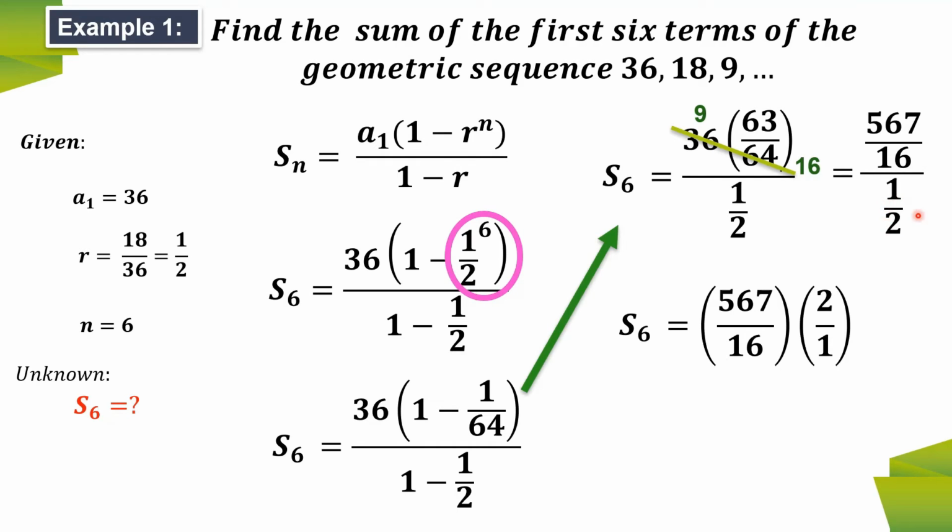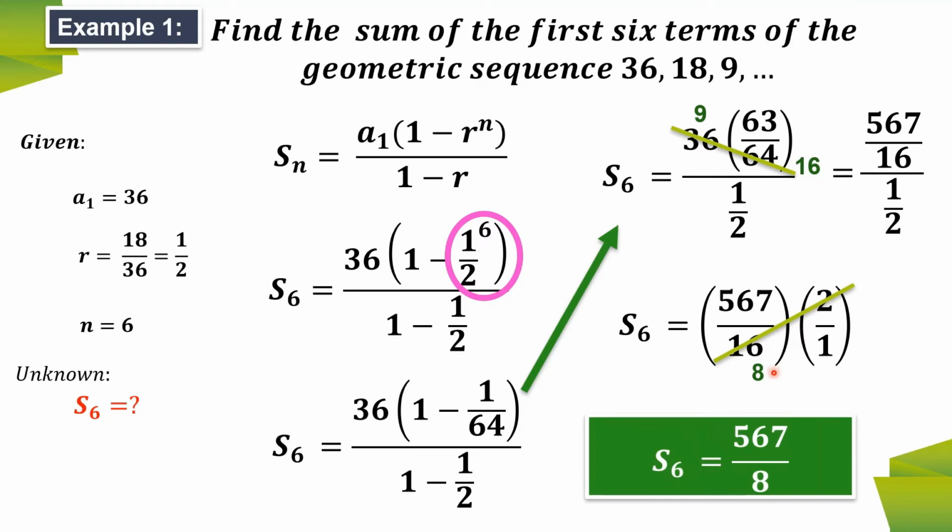Its reciprocal is 2 over 1. Then multiply it to the numerator, 567 over 16. Cancel out common factor of 16 and 2. So we have here now 567 over 8, the sum of the first 6 terms of the given geometric sequence.